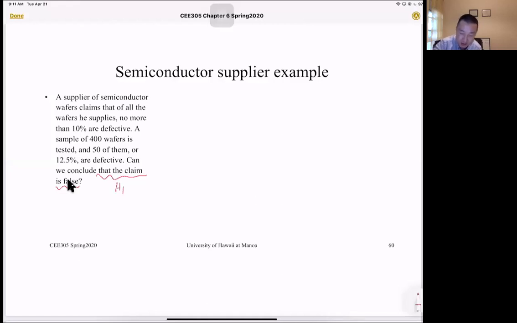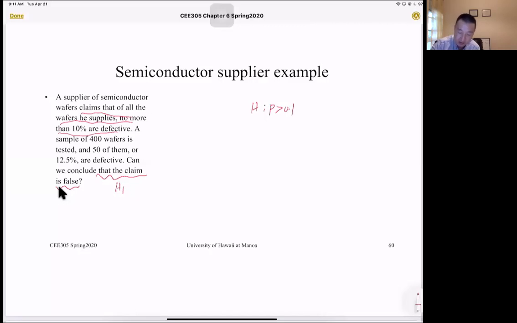The claim is that no more than 10% of wafers supplied are defective. So H1 will be set up as P, the population proportion, larger than 0.1.